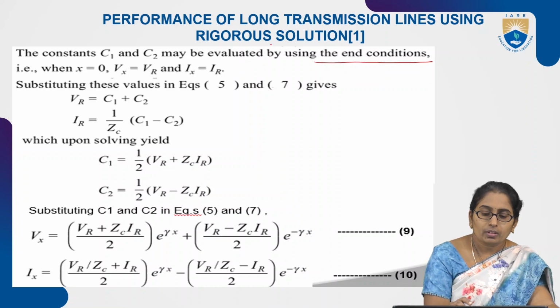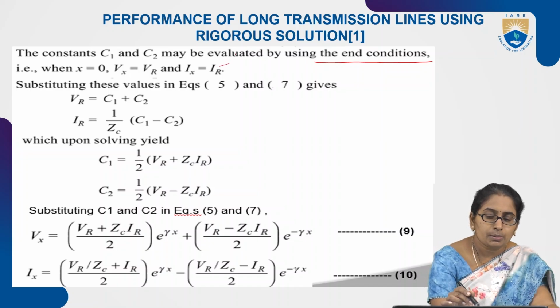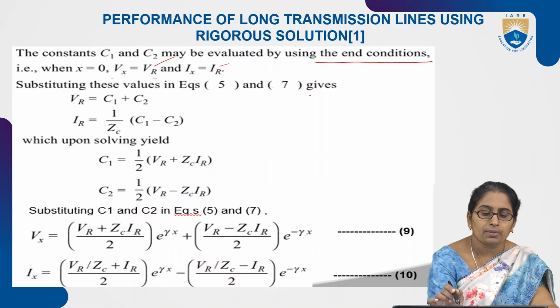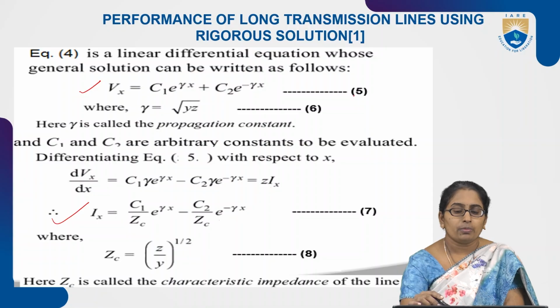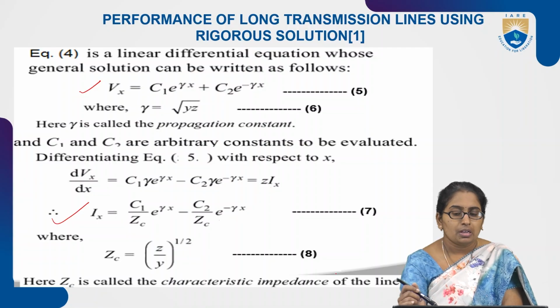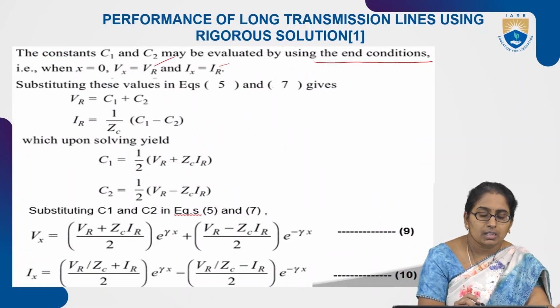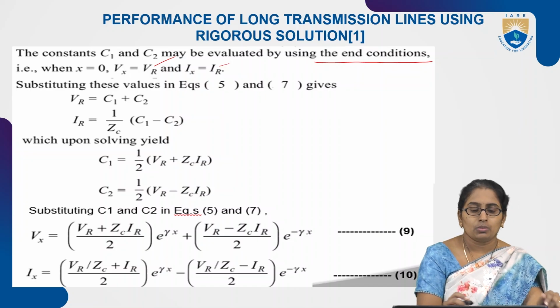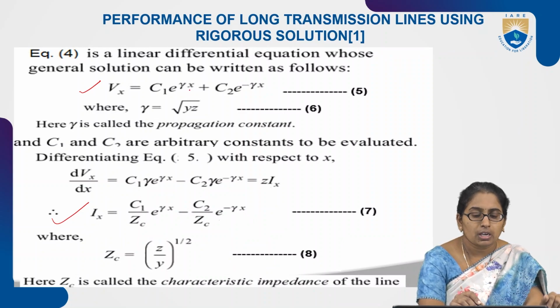Now substitute this in equations 5 and 7. Equation 5 is the Vx equation and 7 is the Ix equation. So Vx is nothing but VR, so VR is equal to c1 plus c2 from equation 5, because x is 0, e power 0 is 1, and e power minus 0 is also 1.